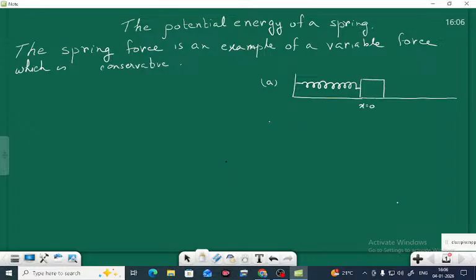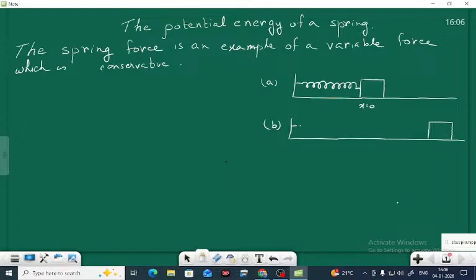In figure B you will find that this is the equilibrium position. The block is here, and there is an extension in the spring.